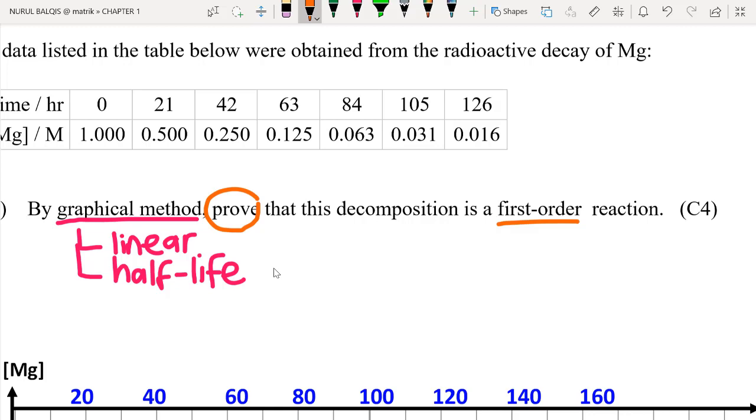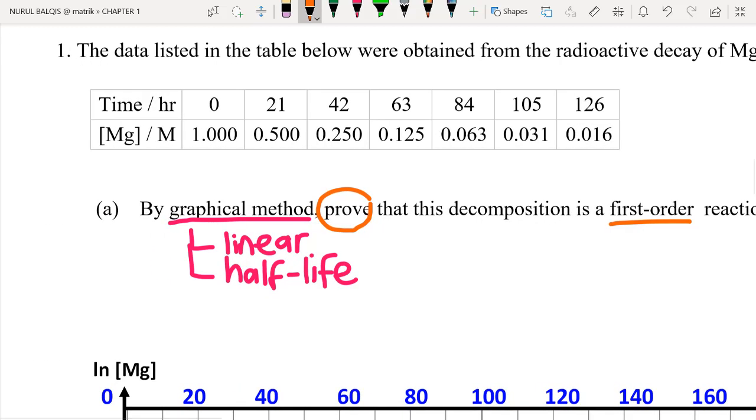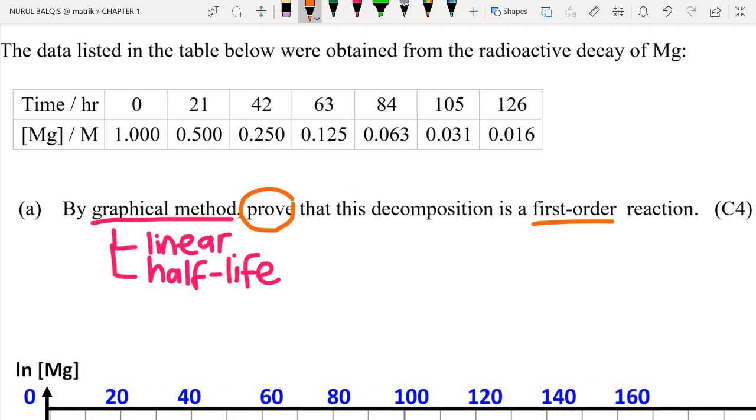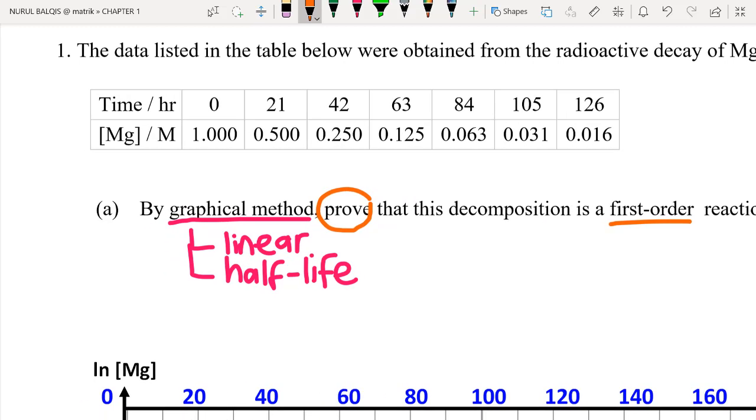So since you are given only concentrations, if you want to do the linear graph, you need to make these concentrations become ln concentrations of magnesium. So for a linear graph, you need an extra row for the information, a new table instead.